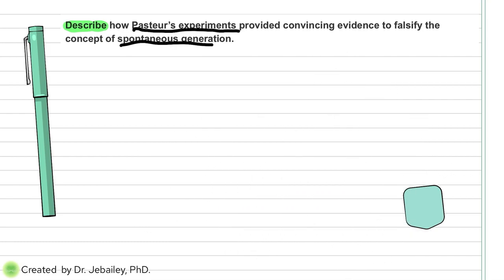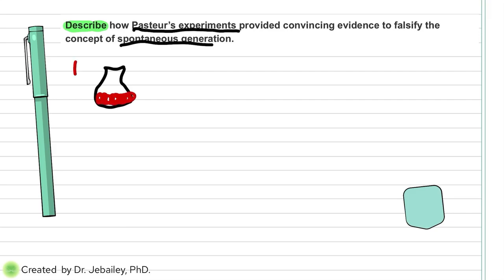Now, if you're not a good communicator in writing, sometimes drawing it can help you. So I would draw, for instance, the entire process. I will have the flask here, and the chicken broth being put here.